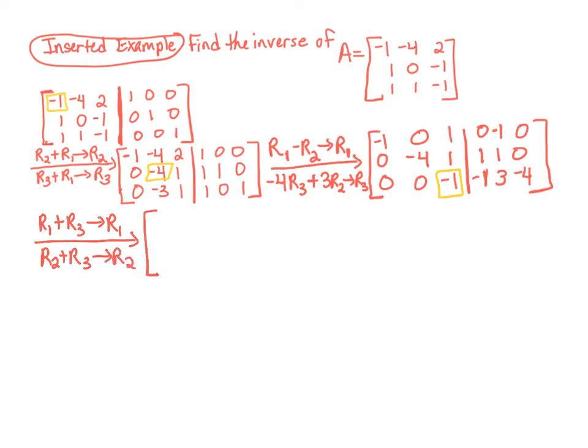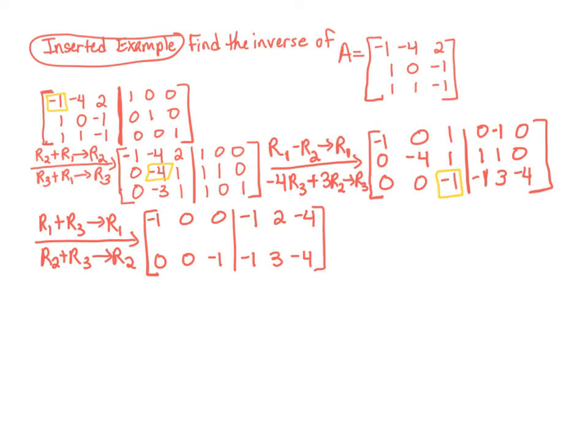Would you like a minute or you want to go ahead? Oh. All right, let's go. So row 1 plus row 3. Go for it. What do we have? And negative 4.